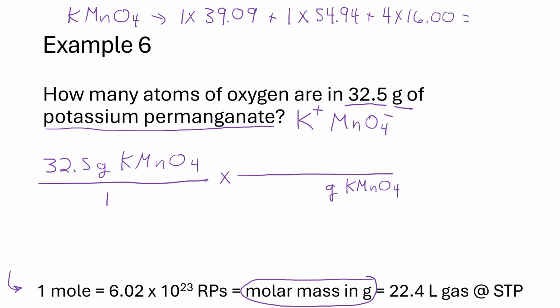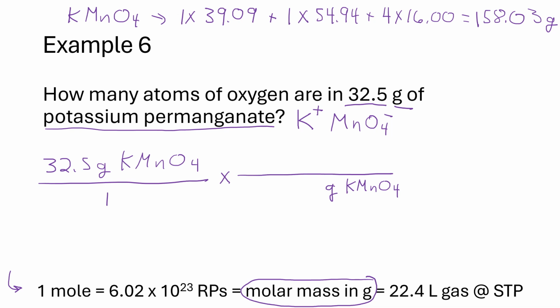So if I run that through my calculator, I've got 1 times 39.09, or just 39.09, plus 1 times 54.94, or just 54.94, and then plus 4 times 16, and that's going to give me 158.03 grams. Remember, we're using the convention, we're going to round molar masses from the table to 2 decimal places.